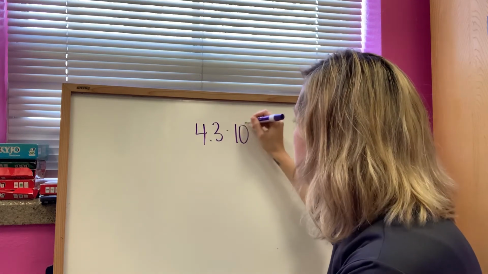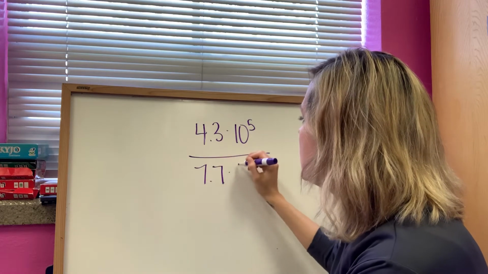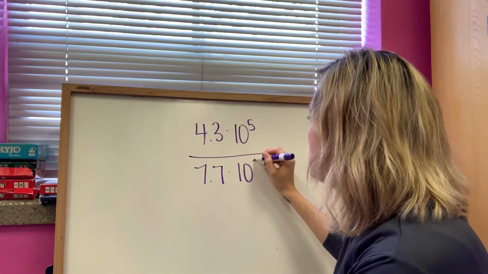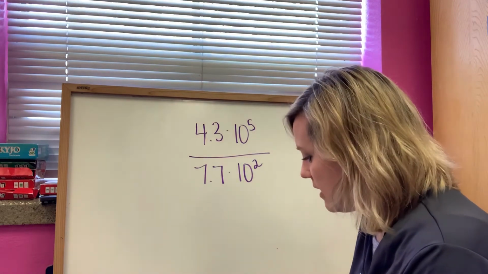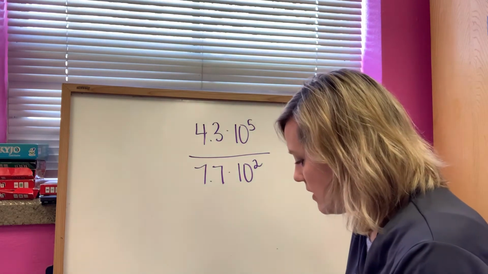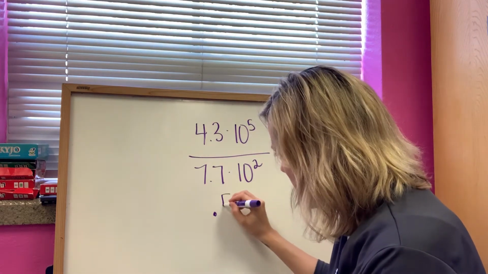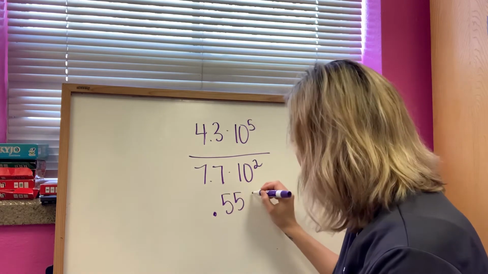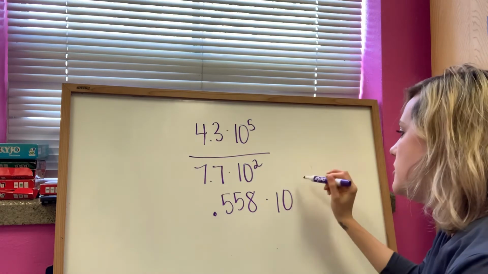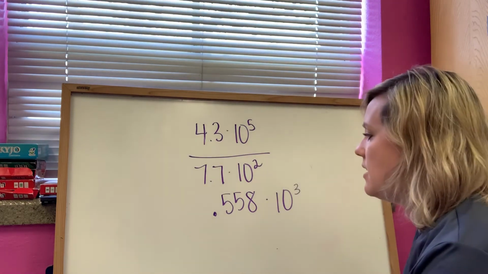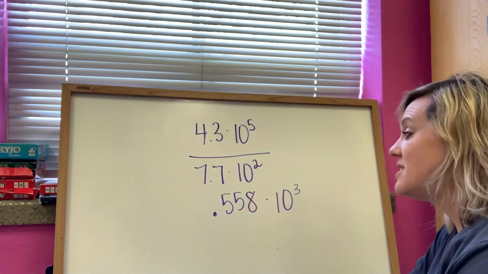Okay, let's do 4.3 times 10 to the 5th divided by 7.7 times 10 squared. Okay, so the first thing I'm going to do is 4.3 divided by 7.7, and I got 0.558 times 10, and then 5 minus 2 is 3. Okay, am I done? I just need to make sure that this number is in between 1 and 9.9, which it is not.